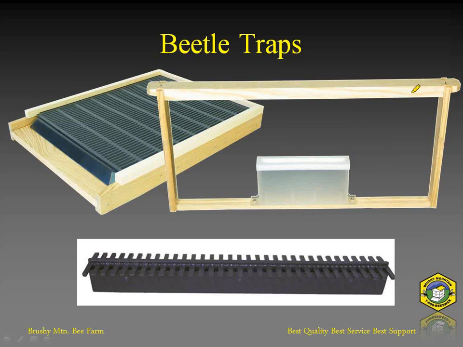Now, the next one, the Hood Beetle Trap, again, all these work much the same way. In this case, it mounts onto the bottom bar of a frame, and you'd put this frame in the number 1 or number 8 or 10 position, depending on whether you're using 8 or 10 frame equipment. You can make out these partitions through the wall of that.